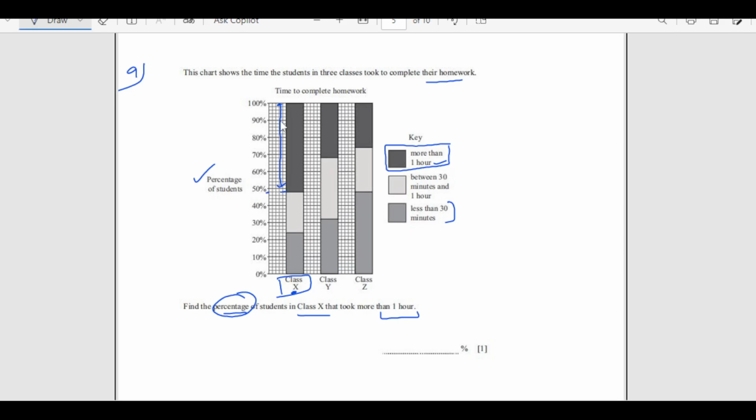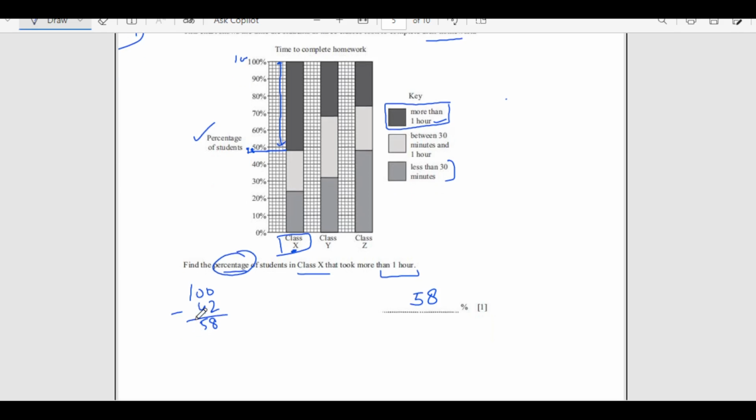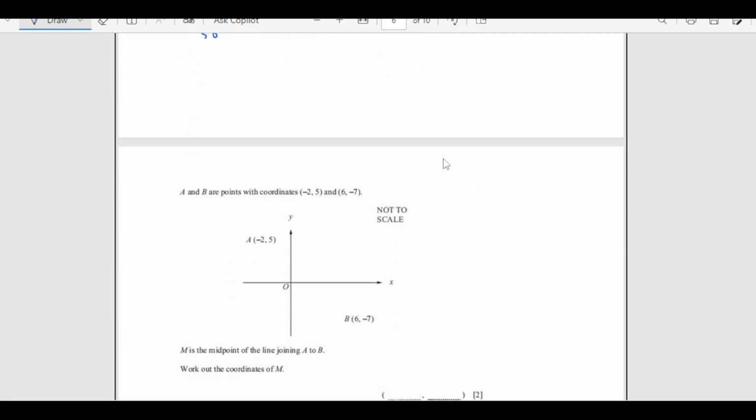It is starting from here, so this one here is 42 and goes up to 100. So this is going to be 100 minus 42, it's 58%. So this is how you are going to read this kind of graph. Focus only on the part according to your key, wherever you require to see that, right?